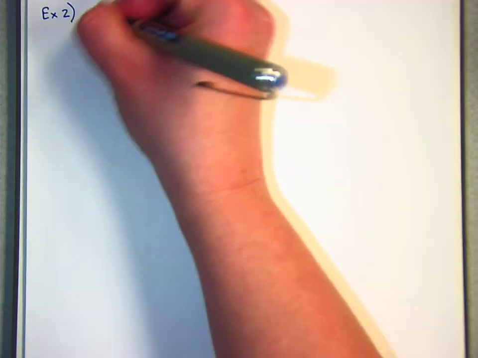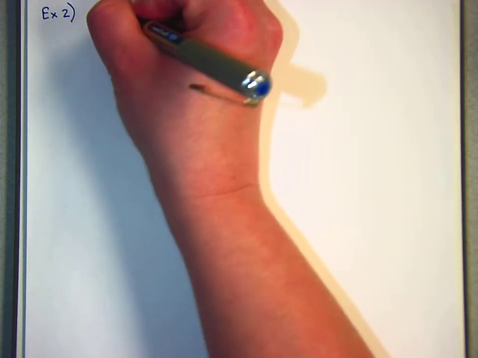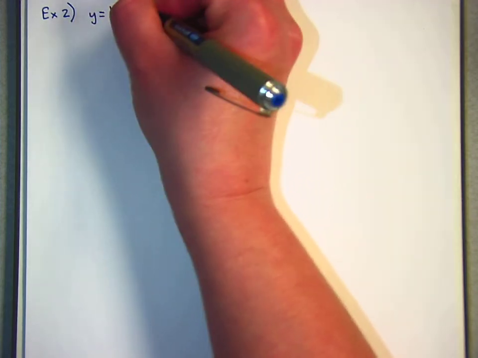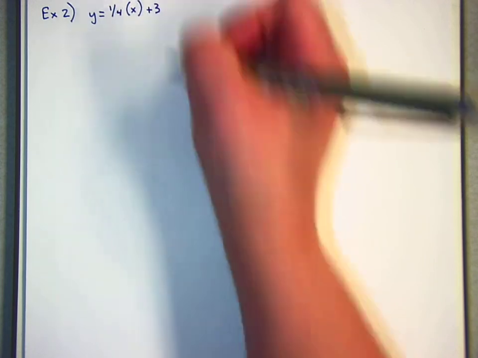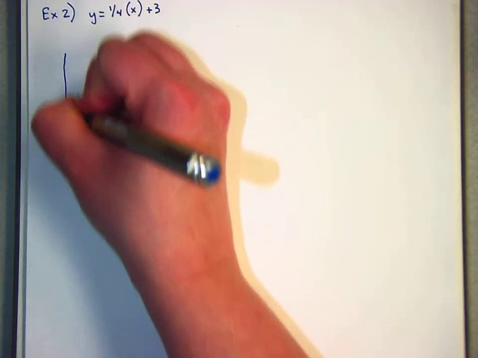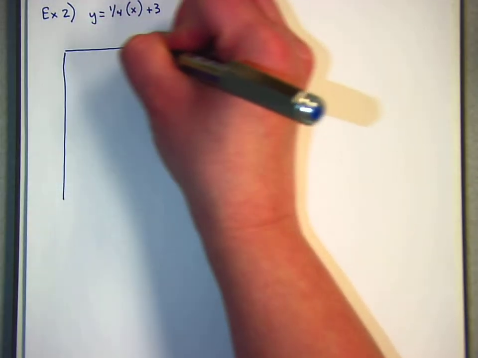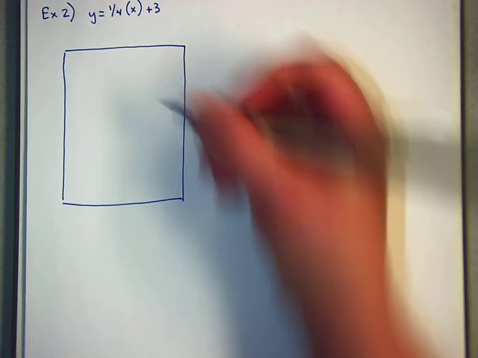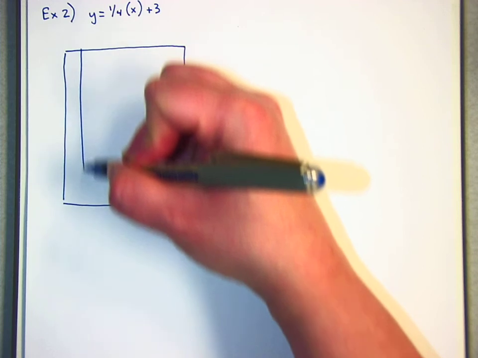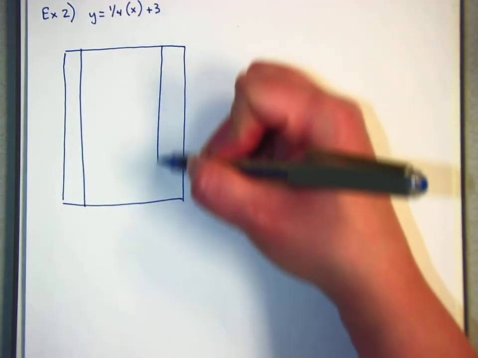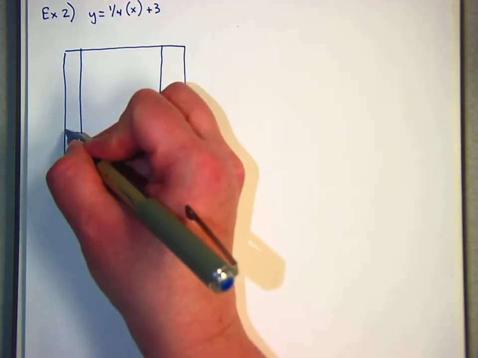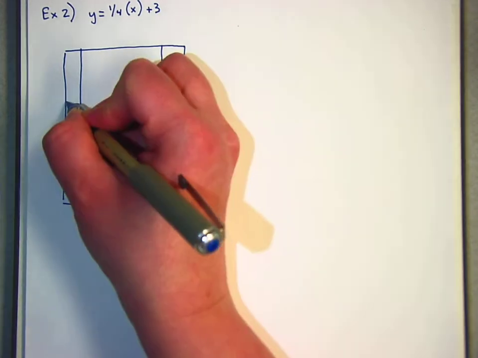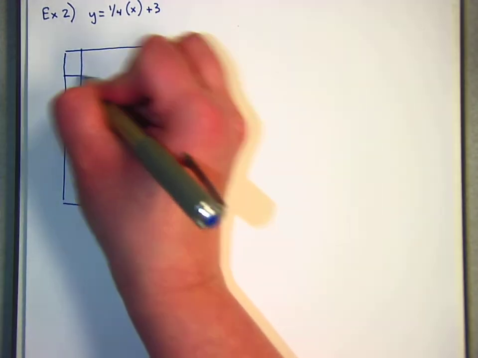Okay, this one, we're going to try y equals 1/4 times x plus 3 by making a table. So we're going to do the same thing again. Six rows.